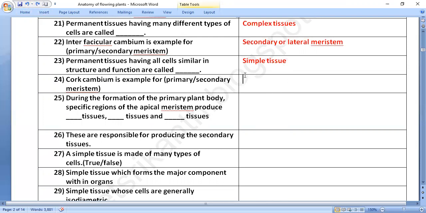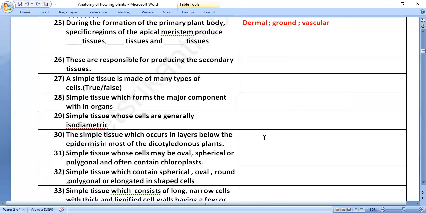Cork cambium is an example of secondary or lateral meristem. During the formation of the primary plant body, specific regions of the apical meristem produce dermal tissues, ground tissues, and vascular tissues.